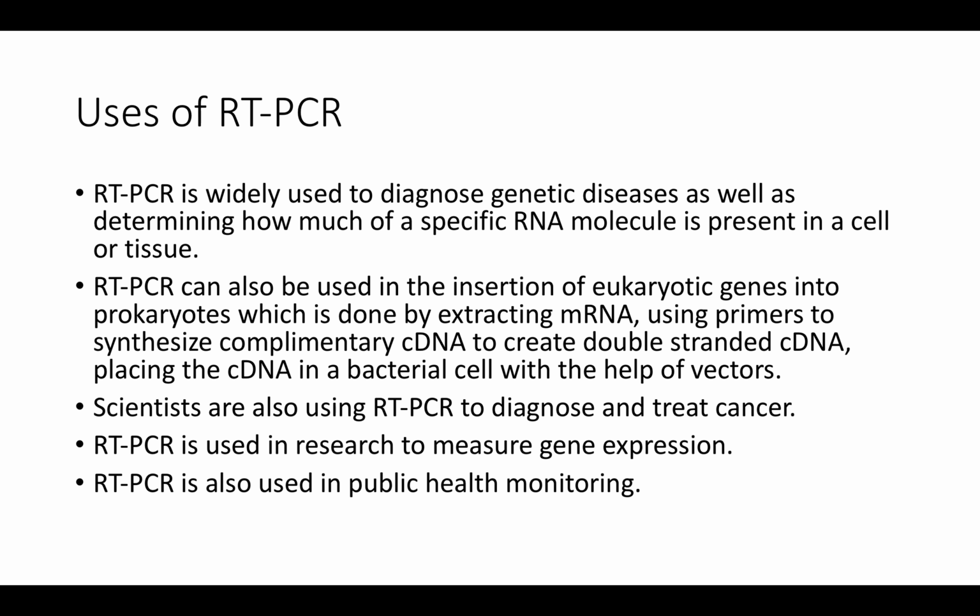The RNA molecule is hydrolyzed, while the DNA molecule remains intact. A primer is then created to form the complementary DNA strand to the newly formed cDNA to form the double helix. The newly formed cDNA molecule can now be inserted into a vector and placed in a bacterial cell, which can synthesize the protein that we desire.